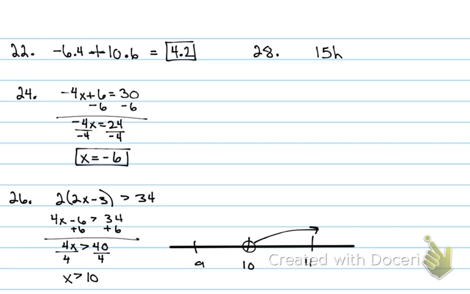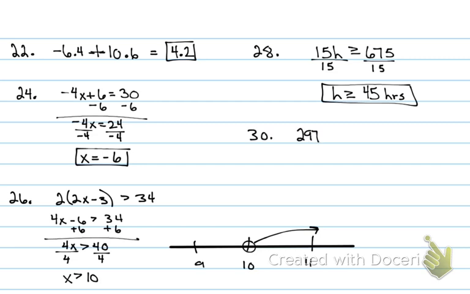Why can't it be less than? Because then you don't have enough money. The cashier is not going to give you the product if you don't have enough money. So you need to earn greater than or equal to your goal amount. Divide both sides by 15. You need to work at least 45 hours.